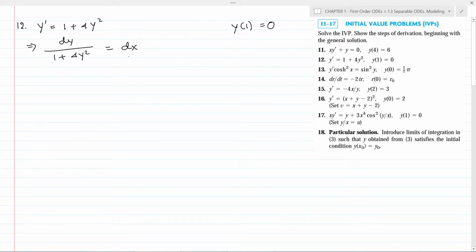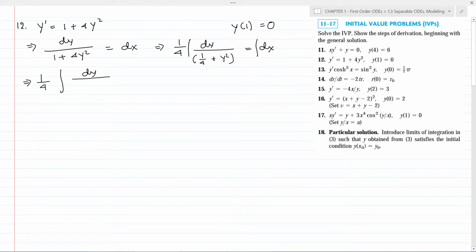We have taken all the y terms to the left side and kept all the x terms on the right side. This can be written as 1/4 dy divided by (1/4 + y²) is equal to dx.